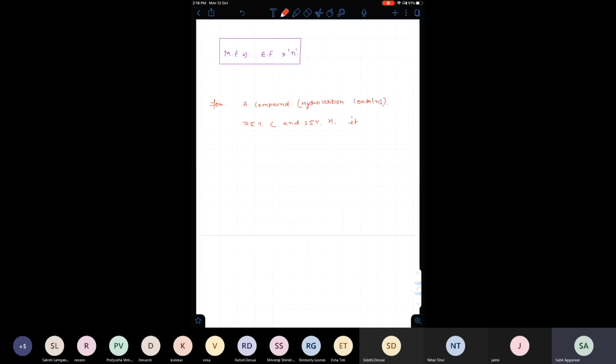Its empirical formula will be? So how do we solve it? We will write carbon, we will write hydrogen, we will write their percentages, we will write their atomic masses.